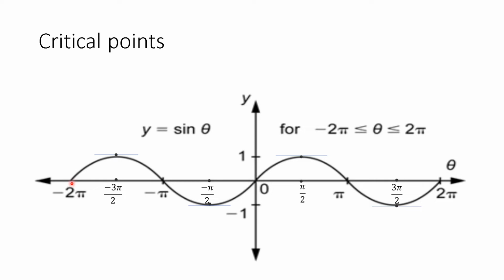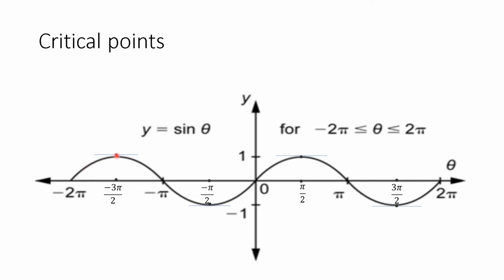From minus 2 pi to minus 3 pi by 2, the function is monotonically increasing. And if you take any point between minus 2 pi and minus 3 pi by 2, except these two points, you will see a negative slope. If you take any point in between these two, you will see a negative slope.